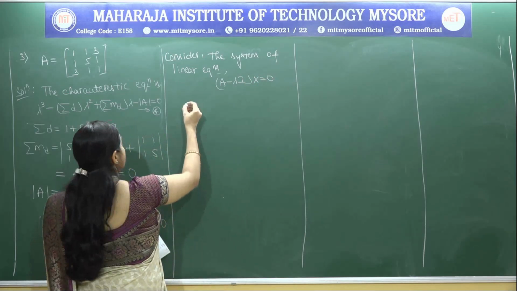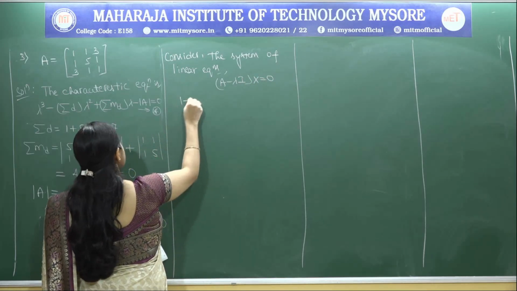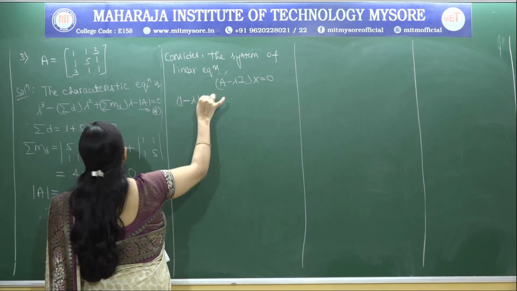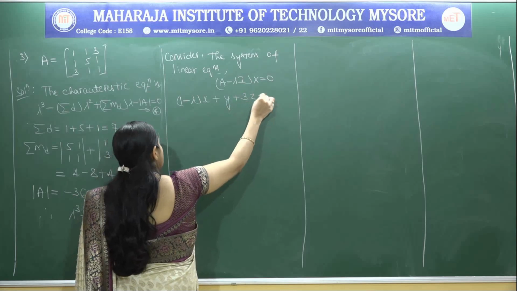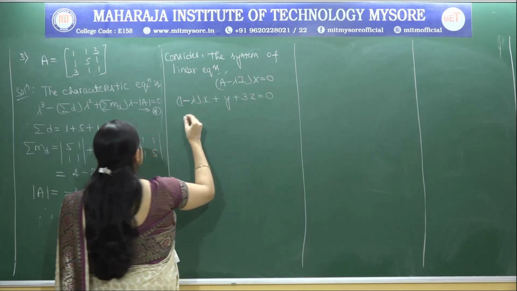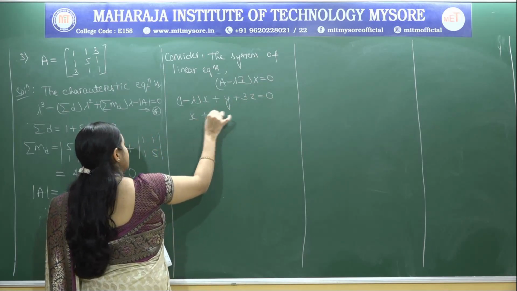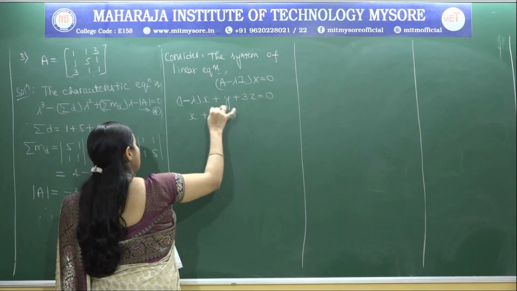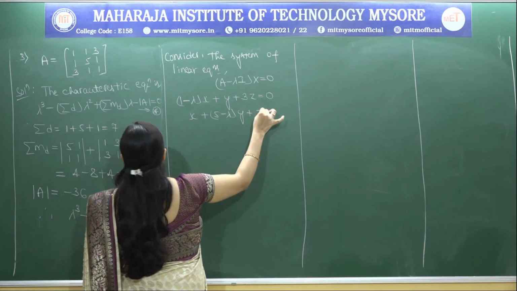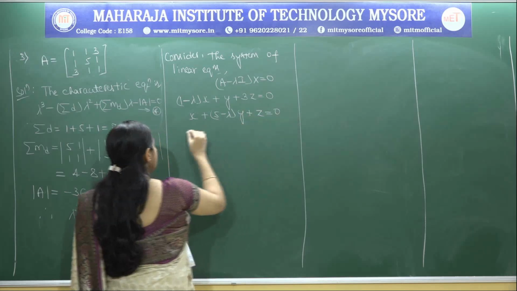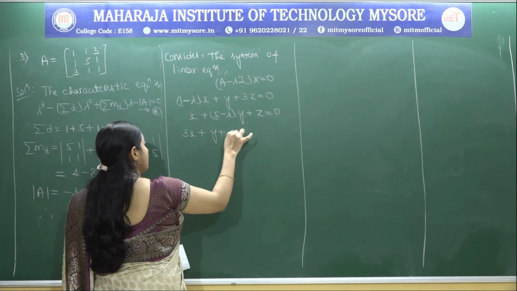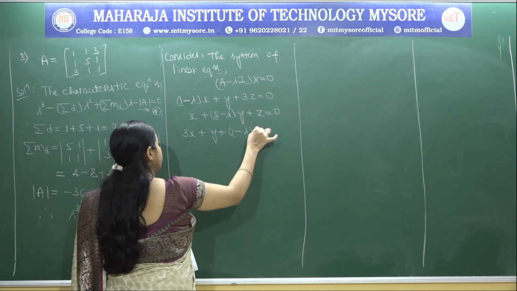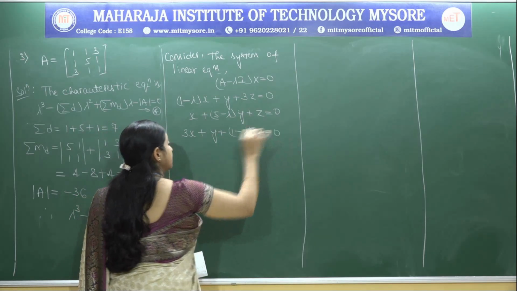Similar to the previous problems, I directly write this: (1 minus lambda) x plus y plus 3z equals 0. Similarly, the second one, x plus (5 minus lambda) y plus z equals 0. Third one, 3x plus y plus (1 minus lambda) z equals 0.